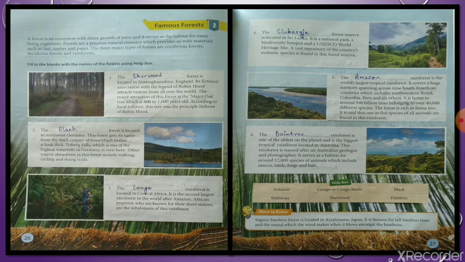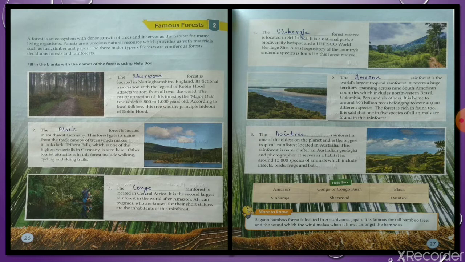So here in this chapter some descriptions are given about a forest along with their diagram, so we have to identify them. Okay, so first one, this forest is located in Nottinghamshire, England. Its fictional association with the legend of Robin Hood attracts visitors from all over the world.